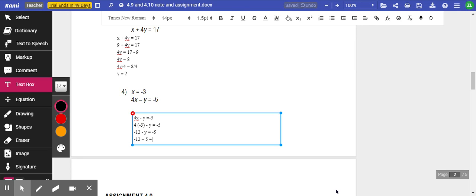And we can move that negative y to the other side to make it positive y. Now if we carry on with this, negative 12 plus 5 being negative 7 is then equal to y. And now we know the answer to y.